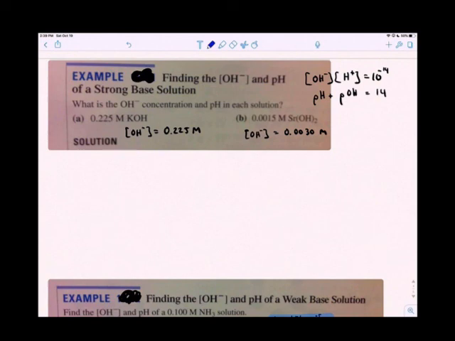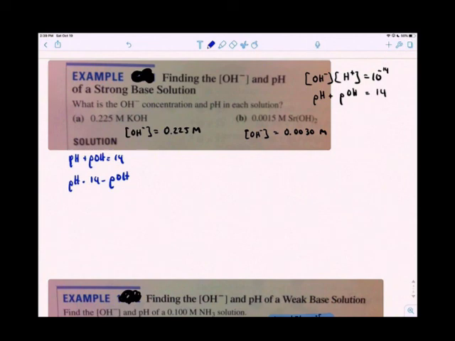So hydroxide concentration is 0.225. I'd probably use the pH this way: pH plus pOH is 14, or pH is equal to 14 minus the pOH. I prefer to do it this way.